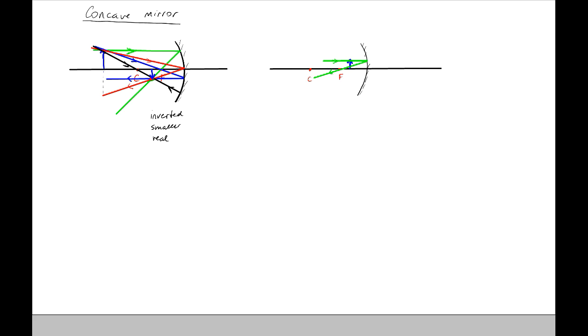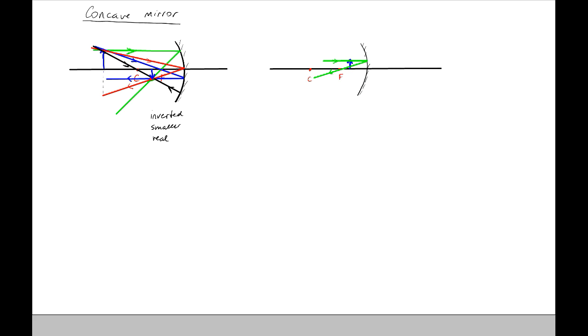Then the second beam I had was the reverse of that. So I started out with a blue beam here towards the focus, went through the focus and then reflected back parallel to the principal axis. So blue beam will go through the focus first.